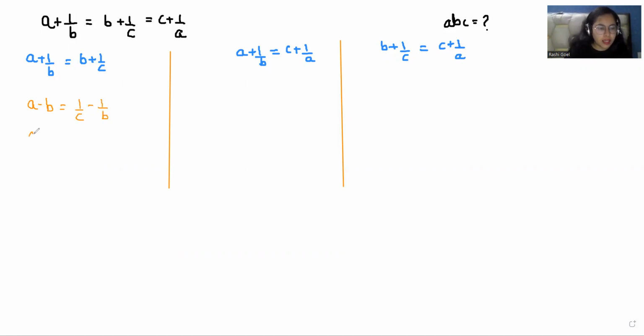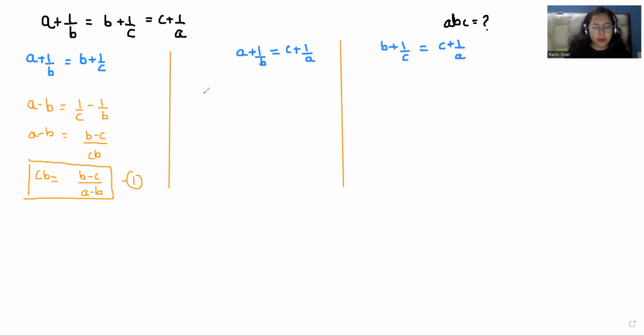Now, if I take the LCM, I'll get CB, and I get b minus c. If I take CB to the other side and a minus b in the numerator, I'll take it as equation number 1.